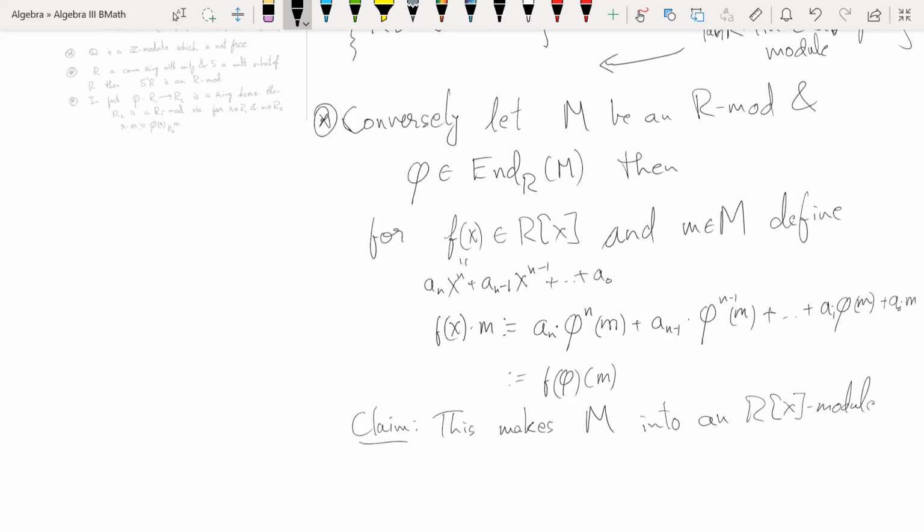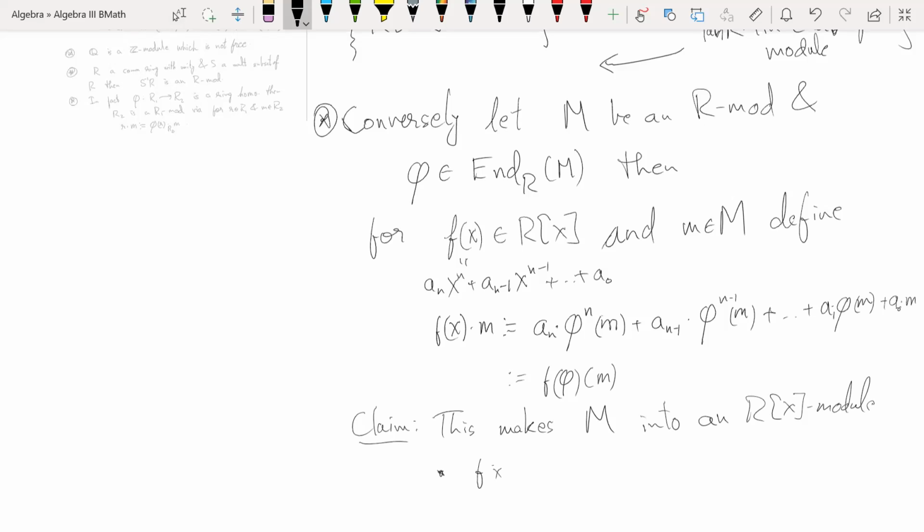If you use the second formula, then it's straightforward to verify, because if you have two elements f(x) and g(x) in R[x], maybe I'll check one of them.